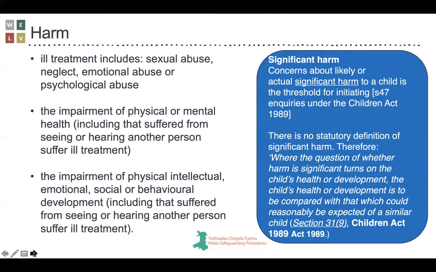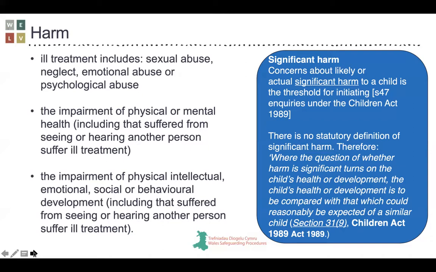It includes the impairment of physical or mental health, which could include that suffered from seeing or hearing another person suffer ill treatment. It also includes the impairment of physical, intellectual, emotional, social or behavioural development, and again, including that suffered from seeing or hearing another person suffer ill treatment.